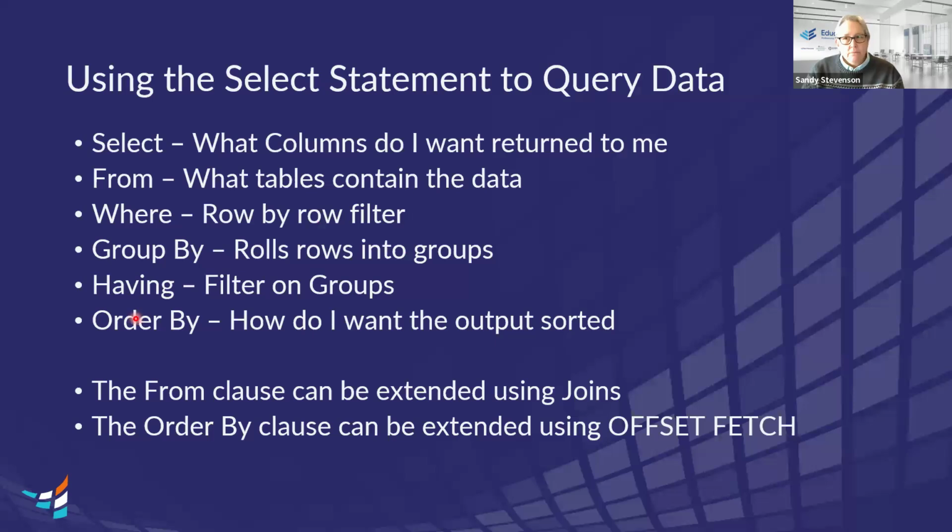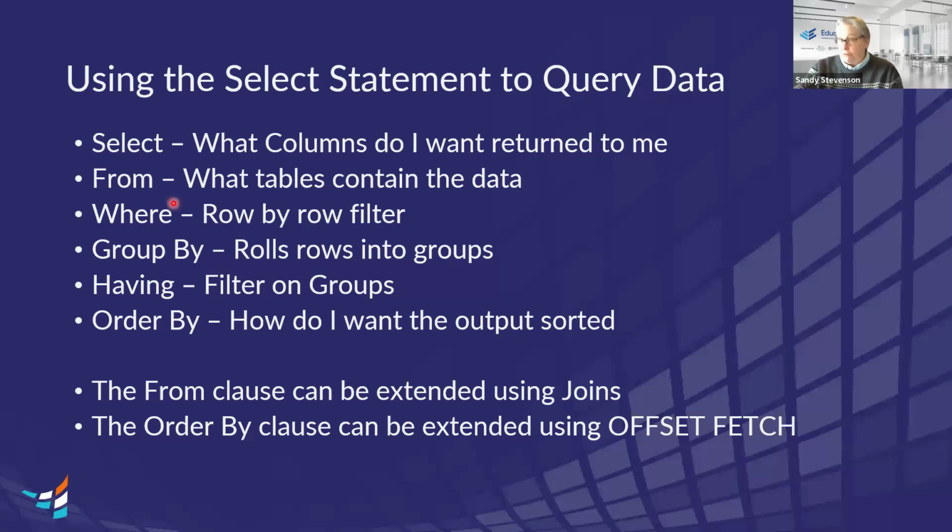So again, in using the select statement, the select is what columns do I want returned to me, separated by commas with the exception of the last column. The from clause is what tables have the data that I need. The where clause is my row by row filter to filter out what I don't want, just keep what I do. The group by takes that row by row and turns it into groups.